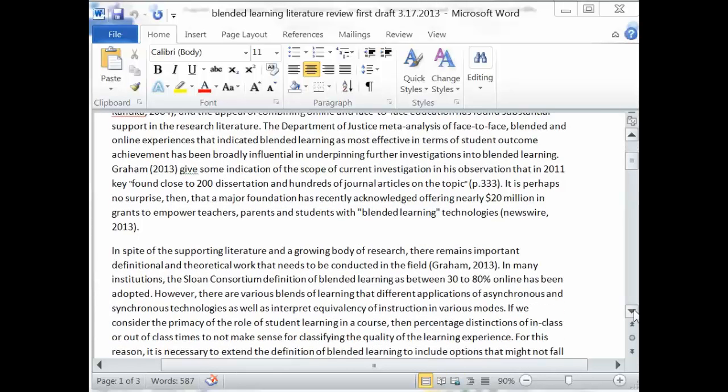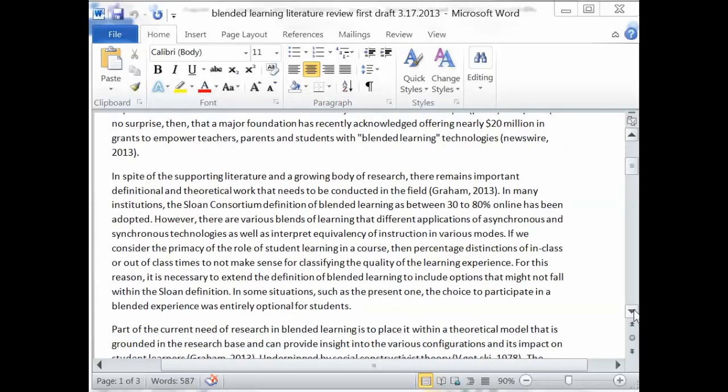So the point is that despite this being a significant thing, there's still significant work that needs to be done. And part of that is defining what the research is about.